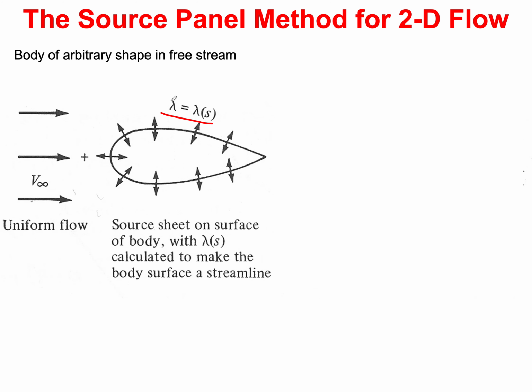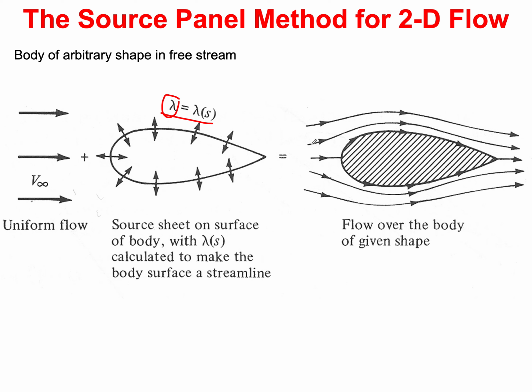And if I select my lambdas, the distributed strength of the source of each panel just right, I'm going to get a streamline that looks exactly the same shape as the body that I started with in this particular free stream velocity.